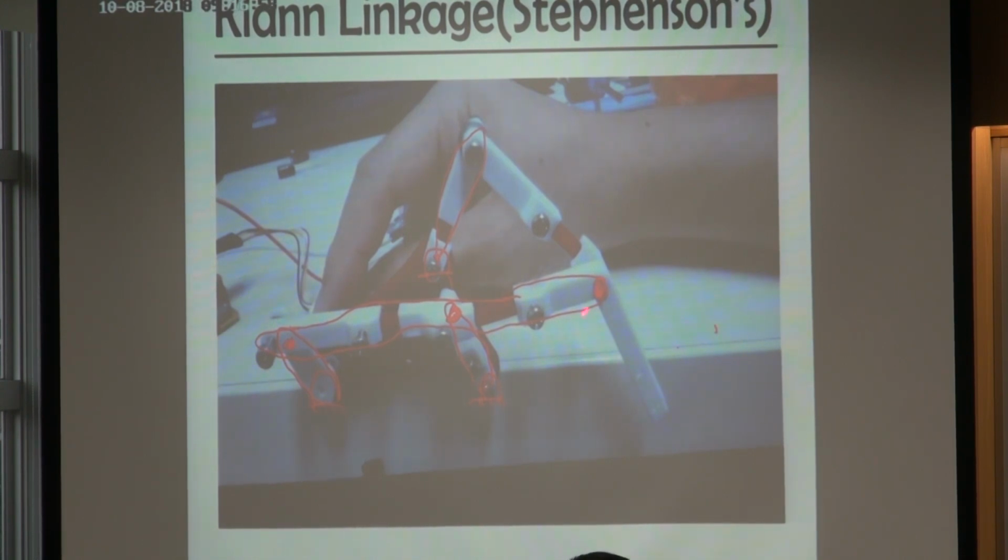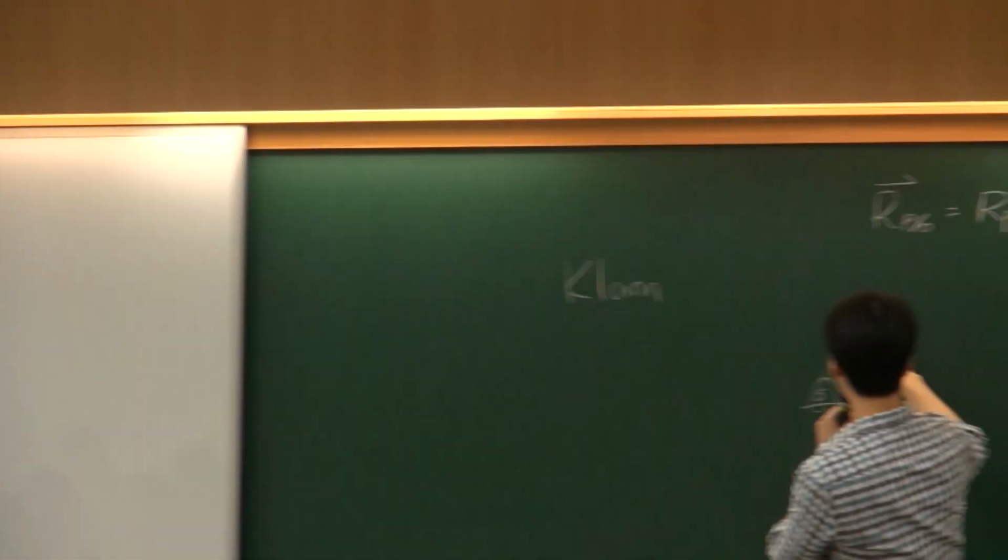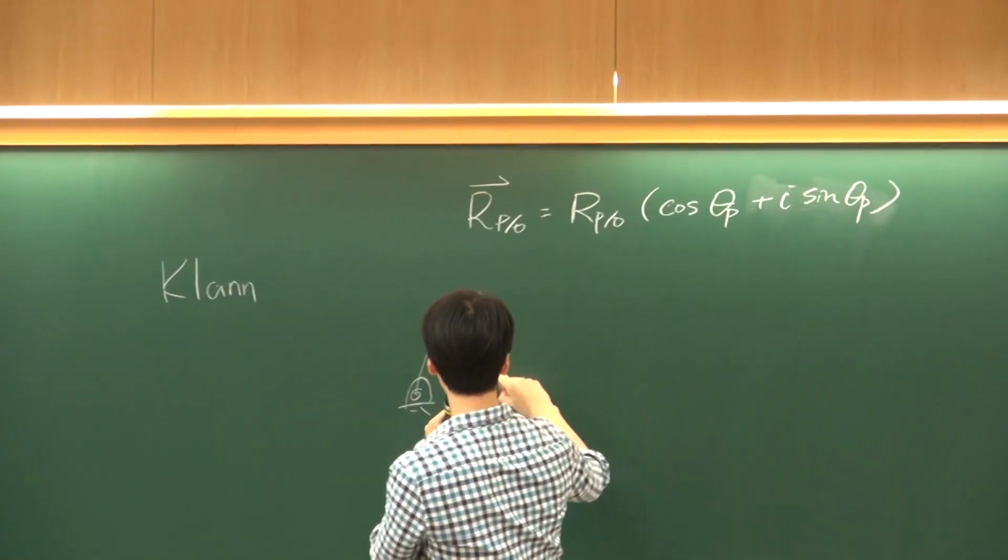So instead of a triangular link, in this clan linkage we use more of a straight line, but you also have 3 joints connecting to other bars. So it's similar to the Stephenson's mechanism, just for you to compare the 2 mechanisms.